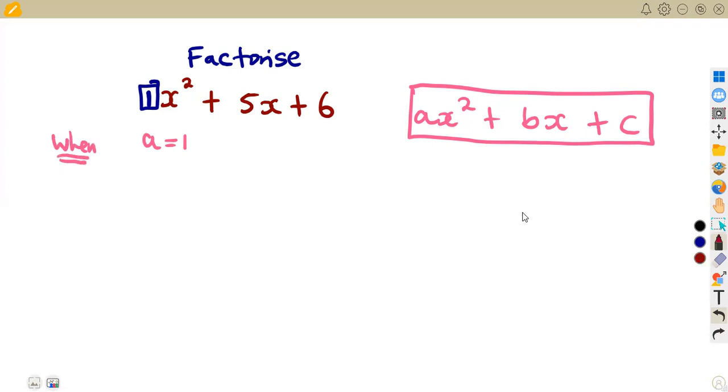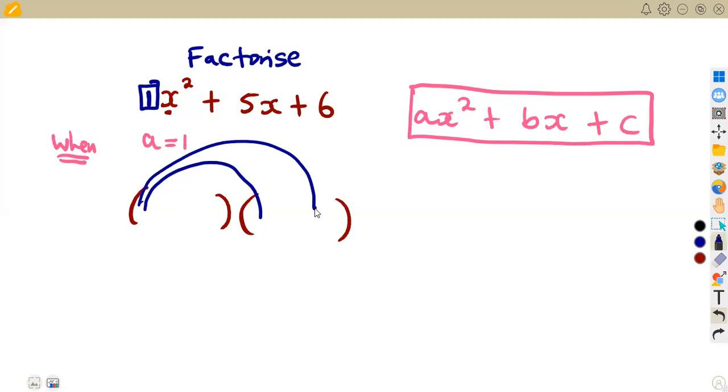Just for a catch up for those who are not part of that class, we said when it is like this, you open 2 brackets. You consider that you are supposed to obtain x squared. So remember on your expansion, on your distributive or FOIL method, this multiplies here and it also multiplies here.